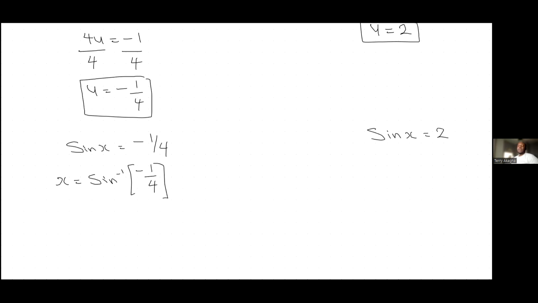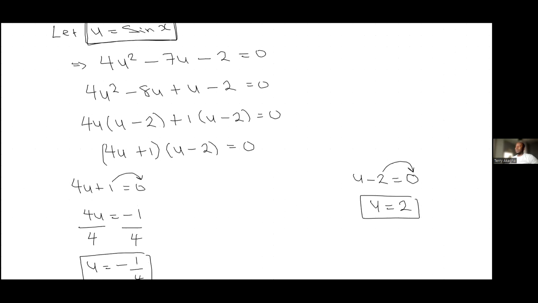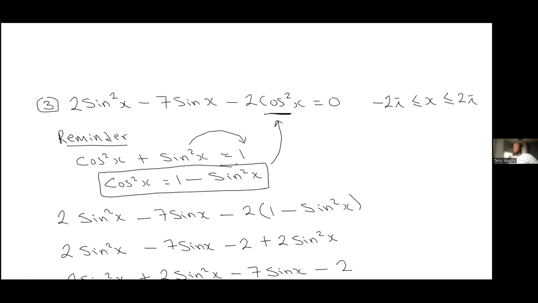Now, we need to check. Are we going to be working in degrees or radians? So let's go and check. If you look, the range was given in pi. Because the range was given in pi, we then have to work in radians. Are you seeing it?